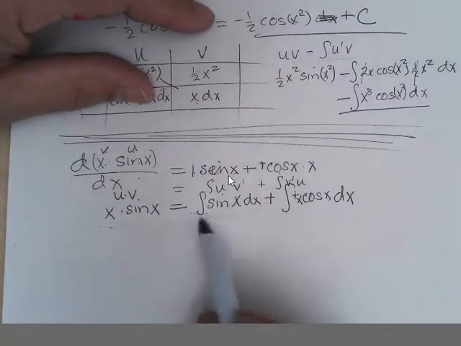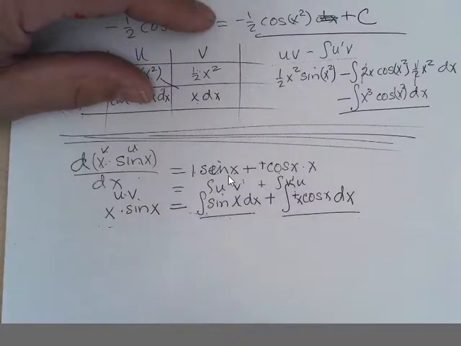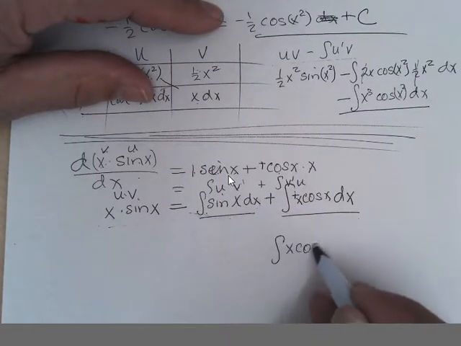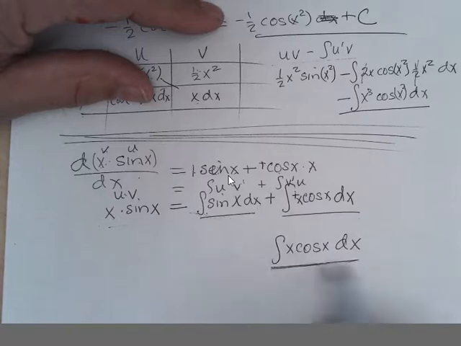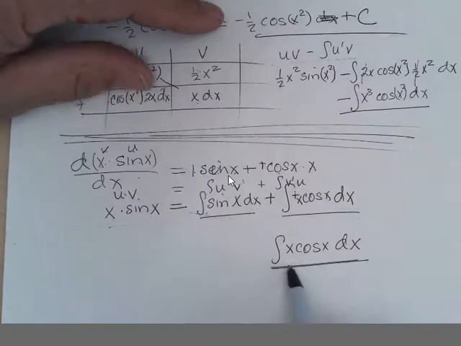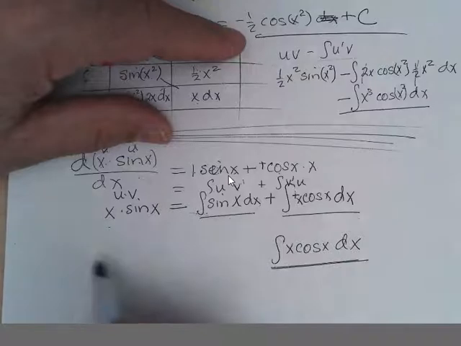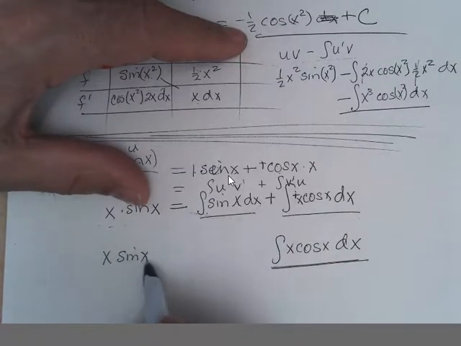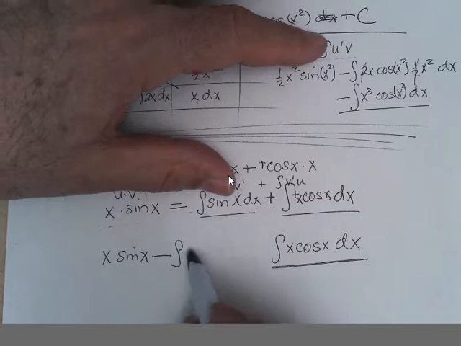It turns out this one's easy to do, and this one might be what we're really trying to find, the antiderivative of x cosine x dx. If I was given this as a problem, it's an integration by parts problem, and it becomes uv, which is x sine x, minus the antiderivative of sine of x dx.